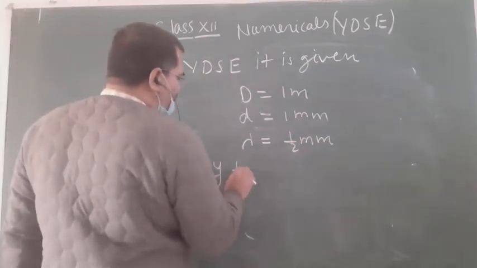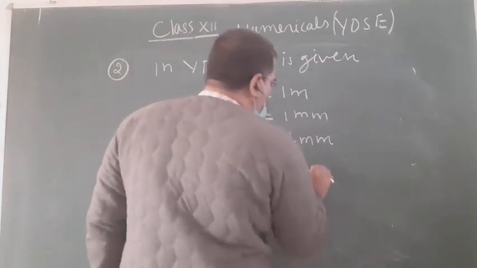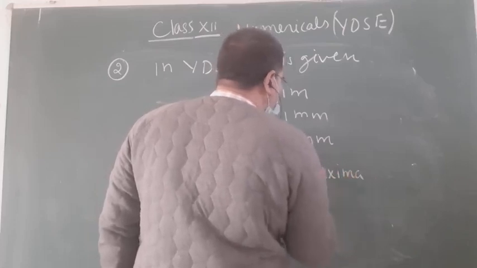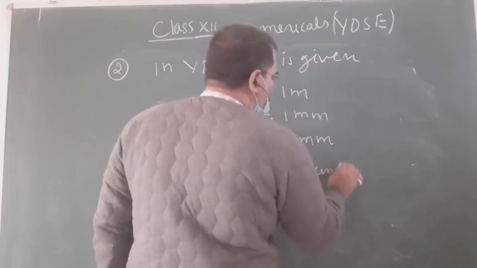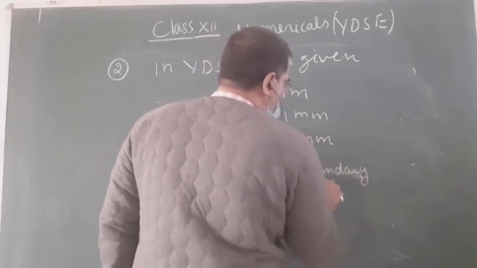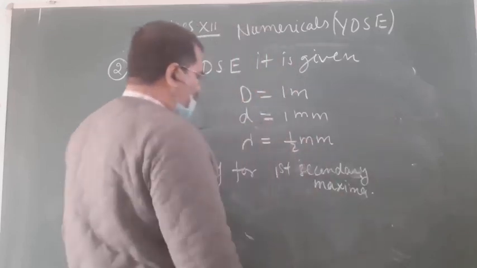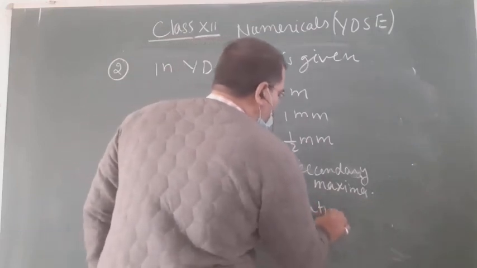y for the first maximum. Basically, the first secondary maximum is needed, from the central maximum.